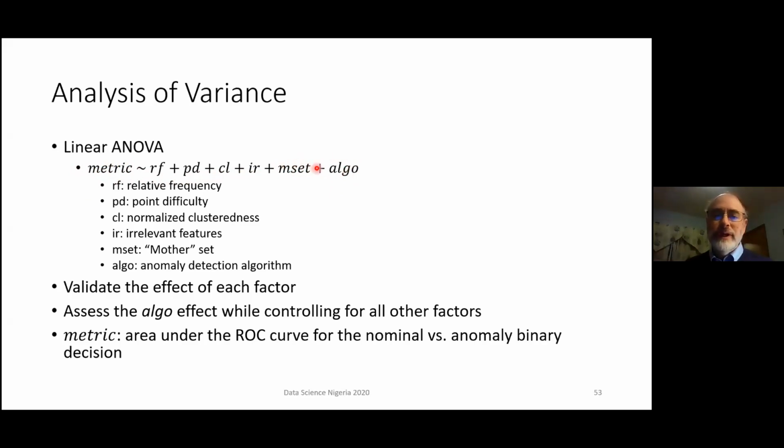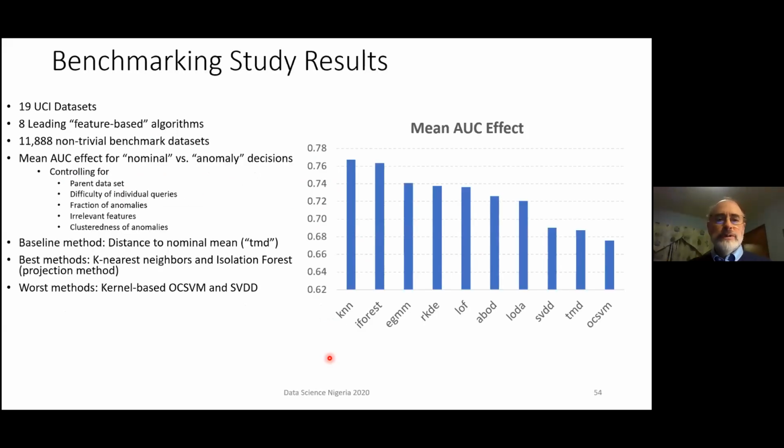And that turns out to be true here, that the choice of this mother data set is the single most important property of a problem that determines how well you'll do. And then the second most important typically was the algorithm, or else the relative frequency of the data points. But we wanted to do this analysis to assess the effect of the algorithm choice while controlling for all these other factors. And our metric was the area under the ROC curve for the question, is this a nominal point or an anomaly point? So here are our results, the mean AUC effect.